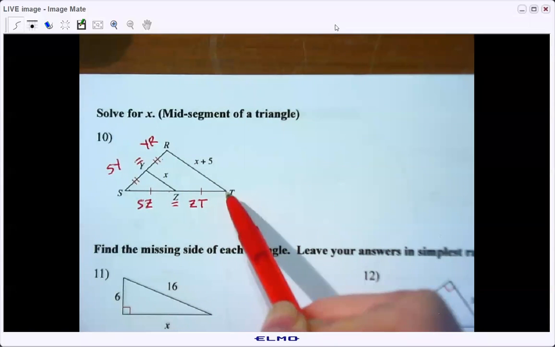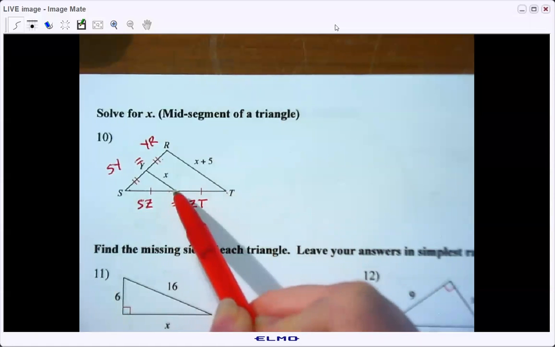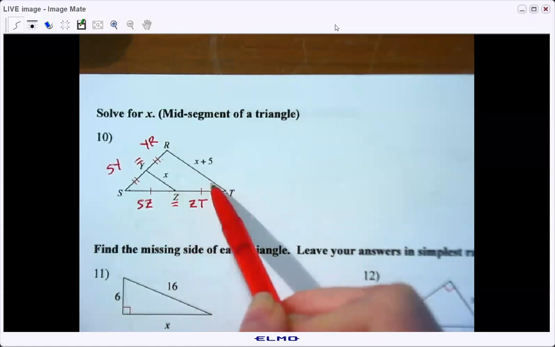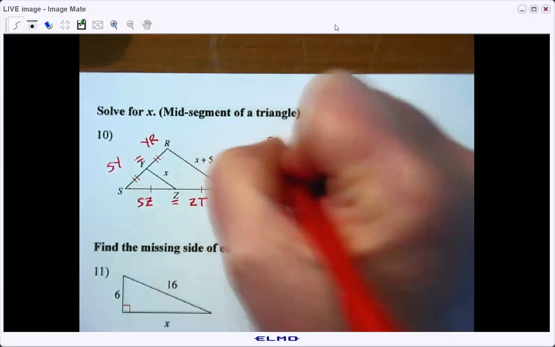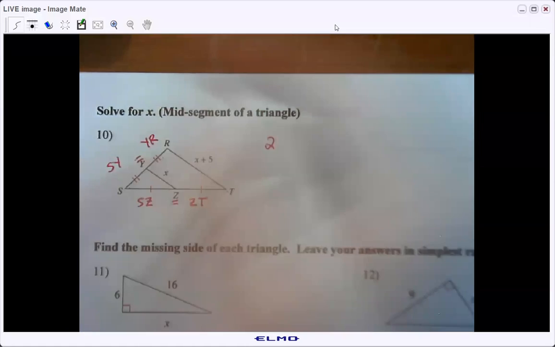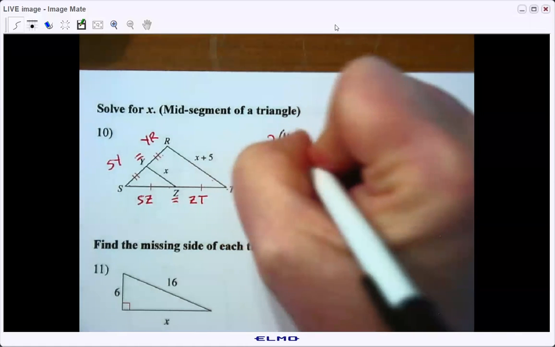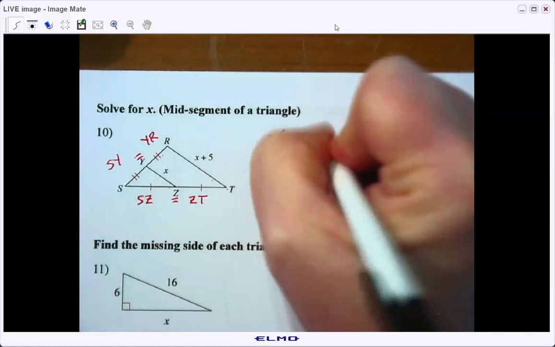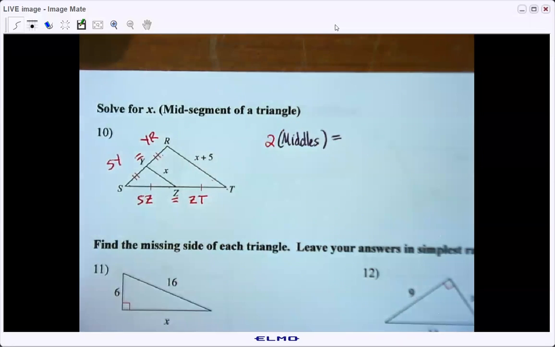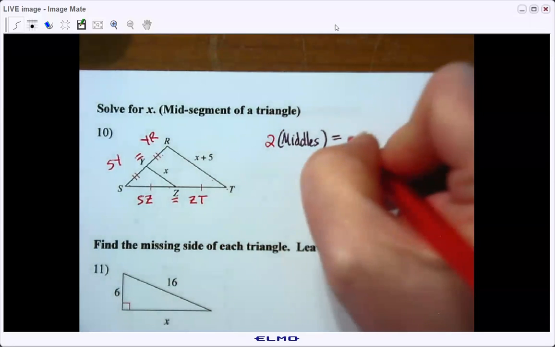And this is what we were talking about originally. It's kind of like those little fun size candy bars where it's going to take 2 of these to make 1 of those. So it's going to take 2 of the middles to equal the end.